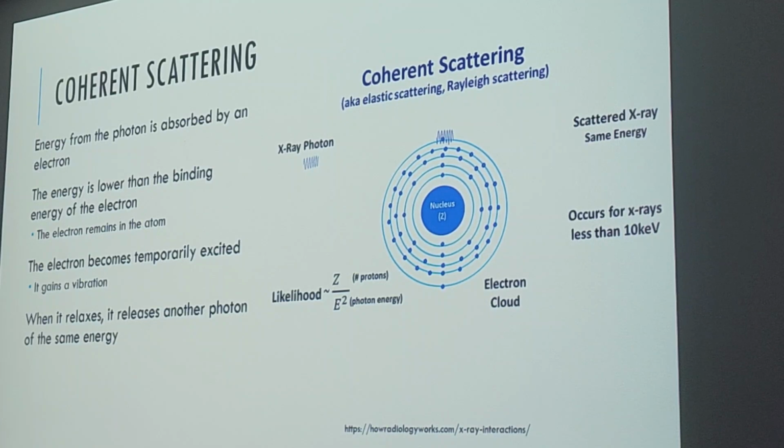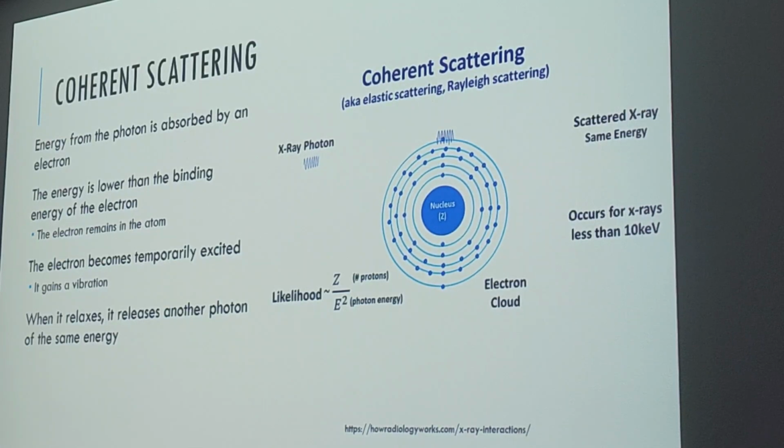It just gets excited, because the photon's energy is lower than the binding energy of the electron, so it cannot eject the electron. But it does interact with the electron, which causes the electron to get excited. Once the electron becomes excited, it gains a sort of vibration, and once it relaxes, that electron releases another photon of the same energy. That's why there's no loss of energy with this scattering. Does that make sense?